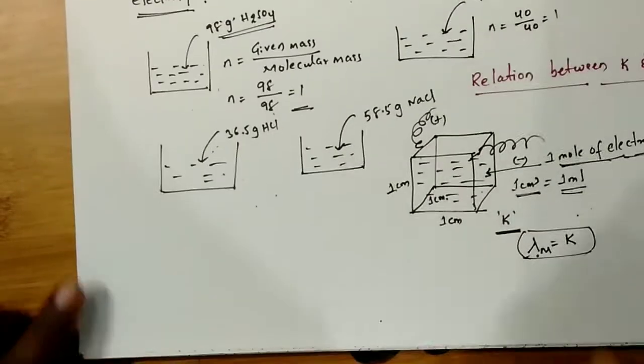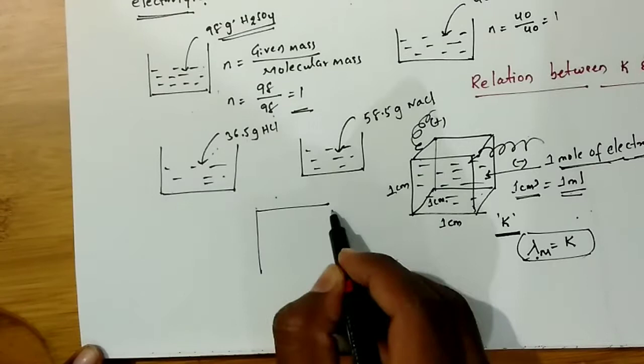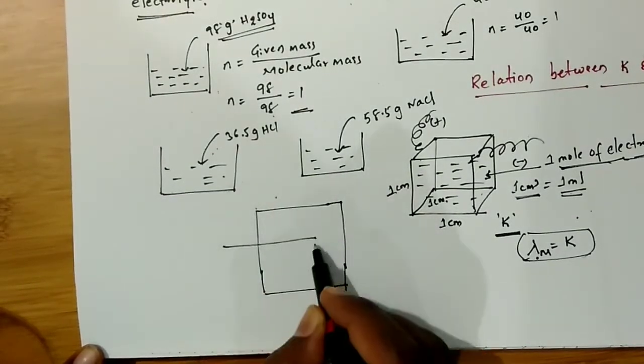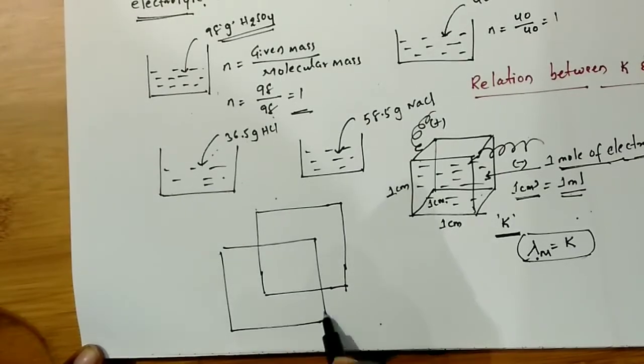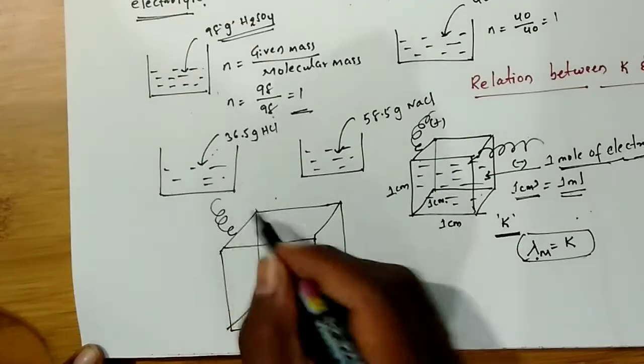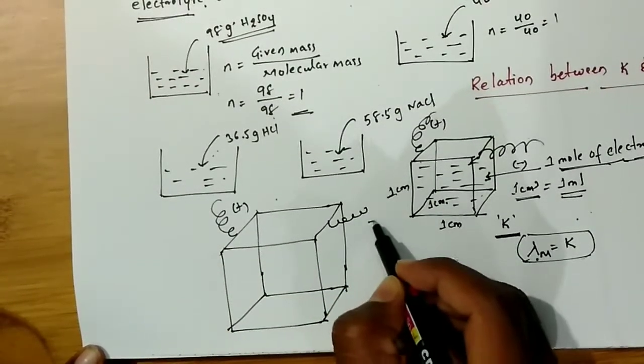But here, if I transfer this total electrolytic solution to another electrolytic cell which is somewhat big compared to that cell, assume this is the anode and this is the cathode.